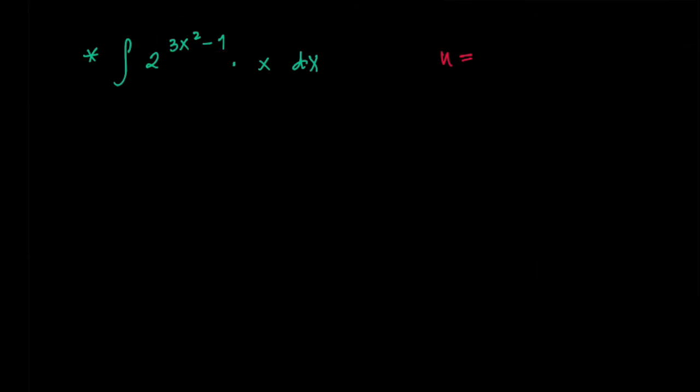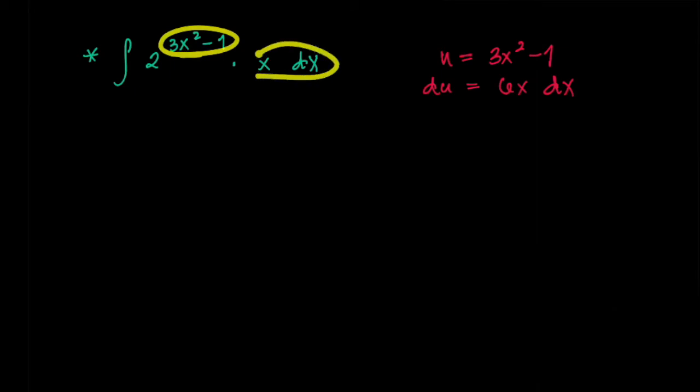I-try natin tong exponent. So, if u ang exponent natin, 3x squared minus 1, ang differential nito is equal to 6x dx. And in this case, kung eto magiging u, matatanggal dito yung x, and eto merong x dx, eto meron tayo ditong x dx. Therefore, we can verify that our u is correct.